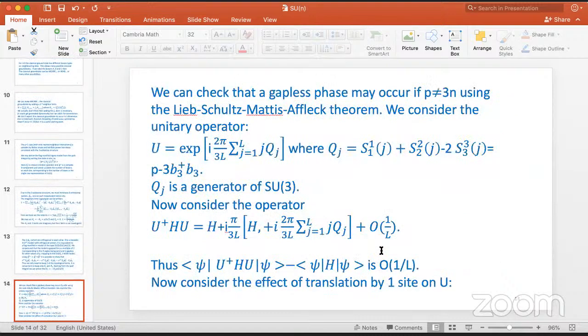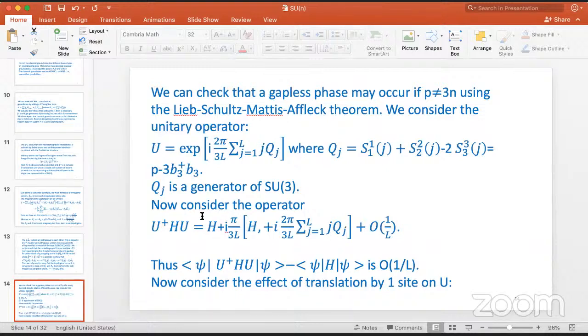So we can check that a gapless phase may occur if P is not 3n using the Lieb-Schultz-Mattis-Affleck theorem. We consider the unitary operator U, which is exponential of i 2 pi over 3 sum over all sites j times q_j, where q_j is S11 plus S22 minus 2 S33, which can be written as P minus 3 b3 dagger b3. These are the boson operators. So q_j is a generator of SU3.